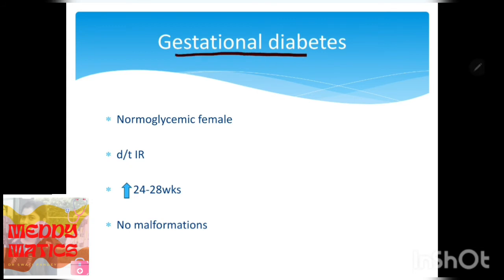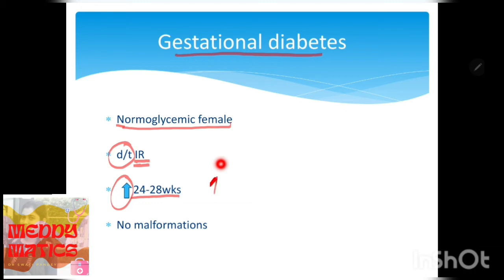Now, gestational diabetes occurs in a previously normoglycemic female. It is due to insulin resistance, which is maximum at 24 to 28 weeks.